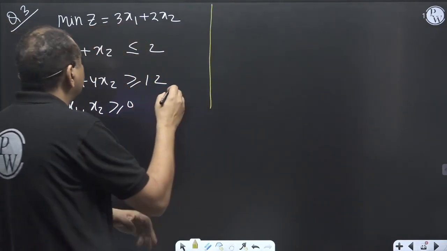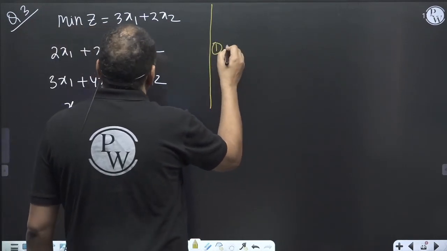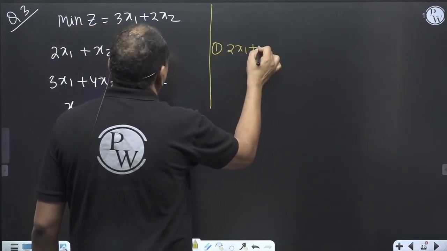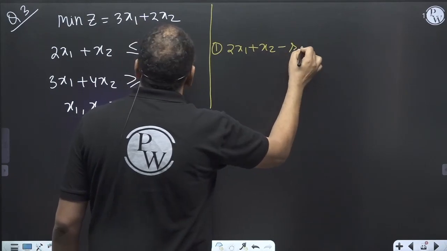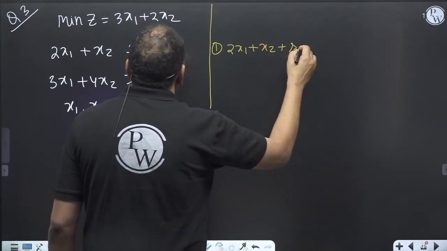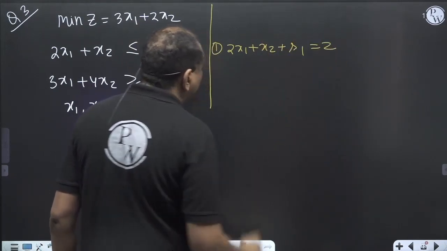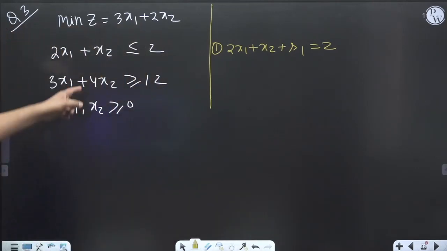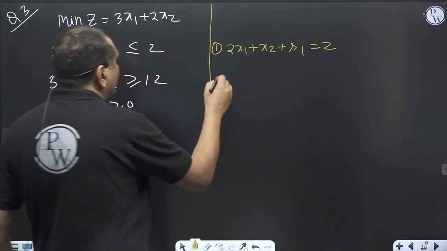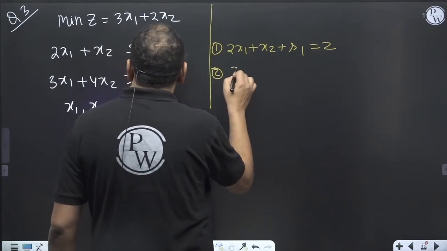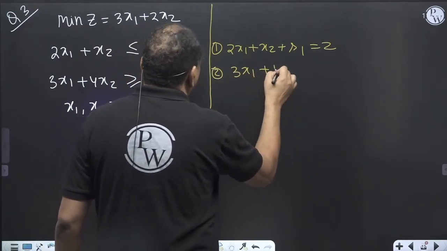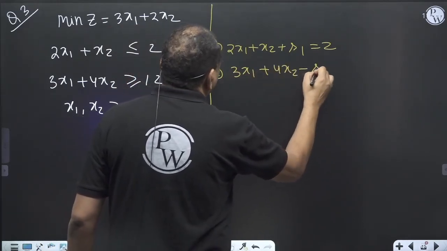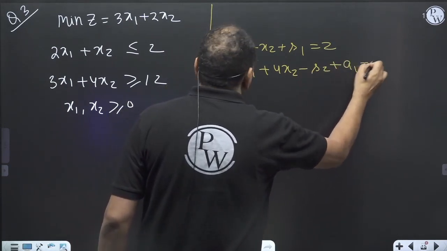My first constraint will be 2x1 + x2 + s1 = 2, a slack variable. Here the surplus variable will come in the second constraint: 3x1 + 4x2 - s2 + a1 = 12. Correct?